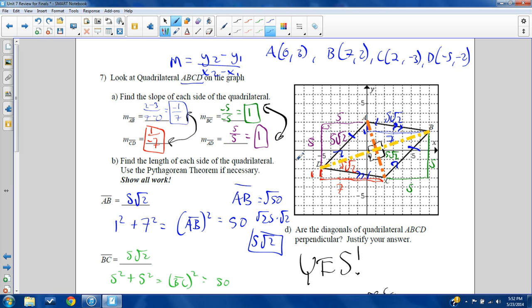I have a shape with opposite sides parallel, all sides congruent, and by the way, just let's save time here, we already know the diagonals are perpendicular. We know that's true in a kite, but in a kite they don't have all sides congruent, and opposite sides definitely aren't parallel. This is a rhombus. Right now, we are looking at a rhombus.